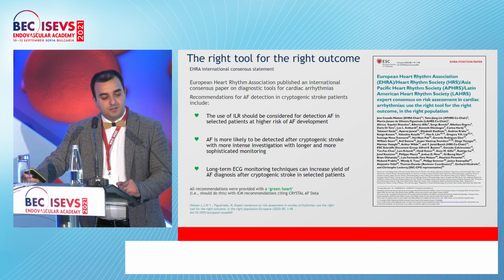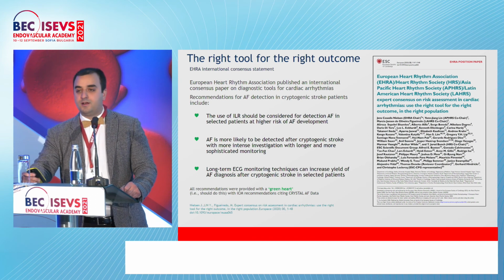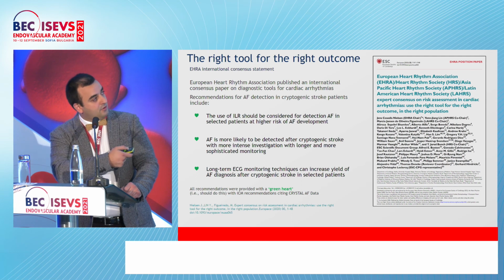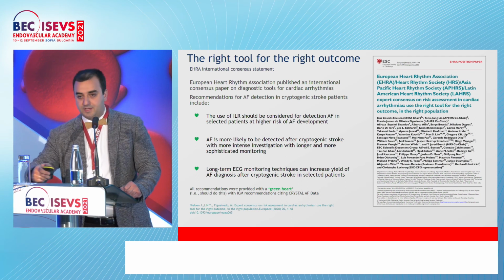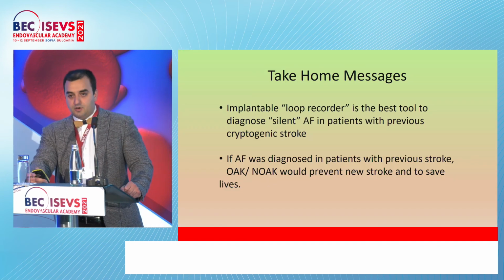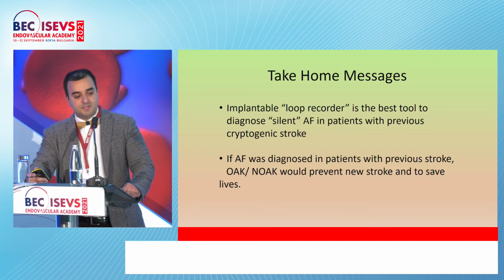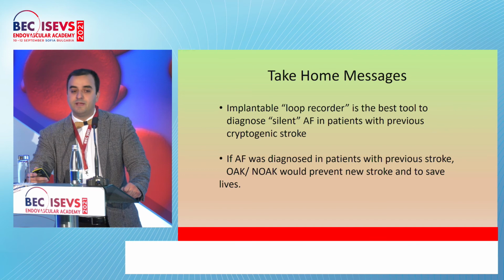They also called these implantable loop recorders the right tool for the right outcomes. But at the end, it's written also in the right population. You should keep in mind this. My take-home messages are that implantable loop recorders are the best tool to diagnose silent atrial fibrillation in patients with previous cryptogenic stroke.